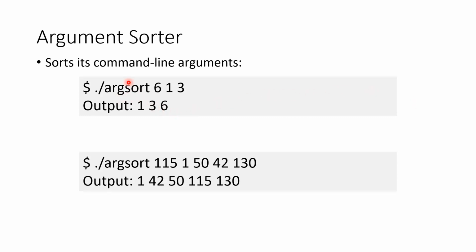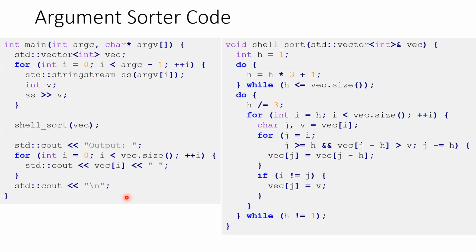The program name will be argsort, and on the command line, you will be given some numbers, and your output will be the sorted version of the numbers in a list. And this will be the code that's given to you.